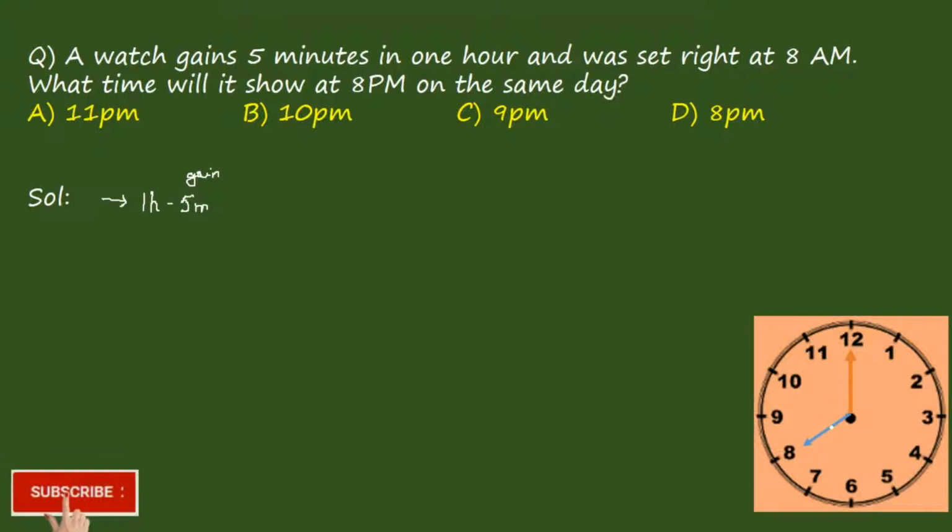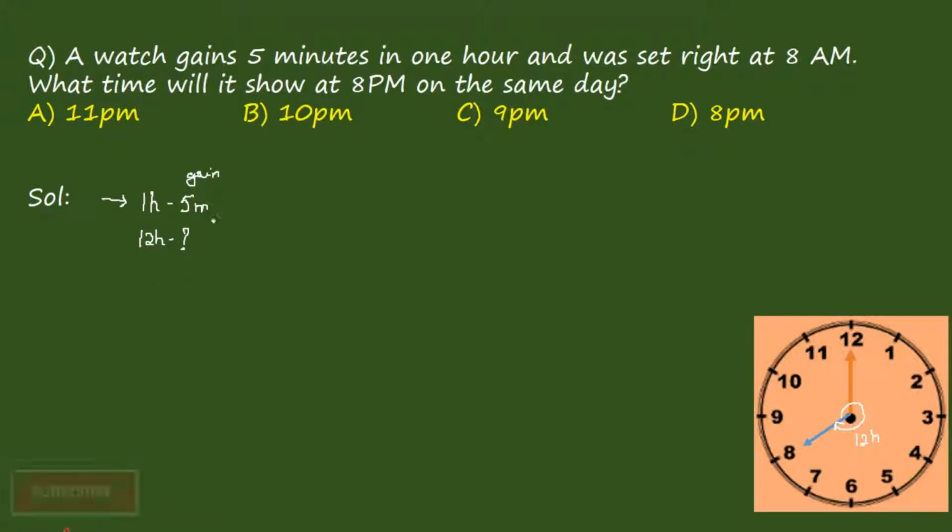Now, what time will it show at 8 p.m.? From 8 a.m. to 8 p.m. the clock rotates from here to here, which is 12 hours. For 12 hours, how much gain will there be? We have to find it out.